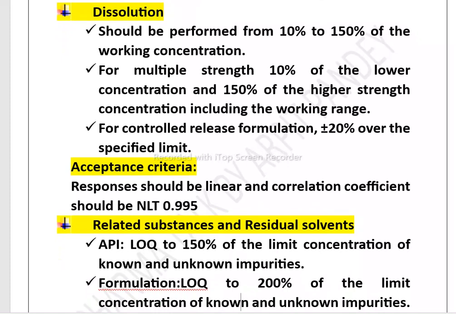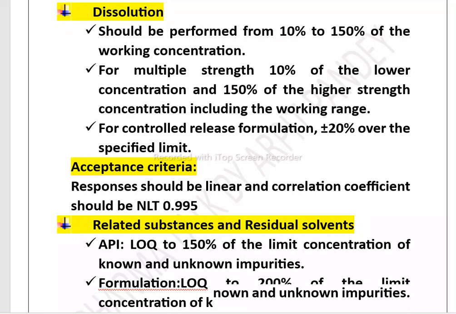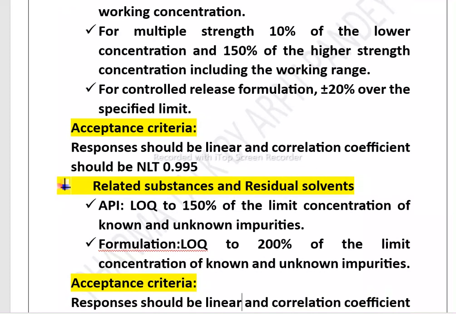If we have to perform the linearity in related substances and residual solvents, for the API, active pharmaceutical ingredient, we perform the linearity from the LQ level to 150% level of known and unknown impurities. You first have to decide your LQ level. After that you perform it up to 150%, and between the LQ and 150% you have to decide 5 different dilutions or concentration ranges, minimum 5 according to the ICH.